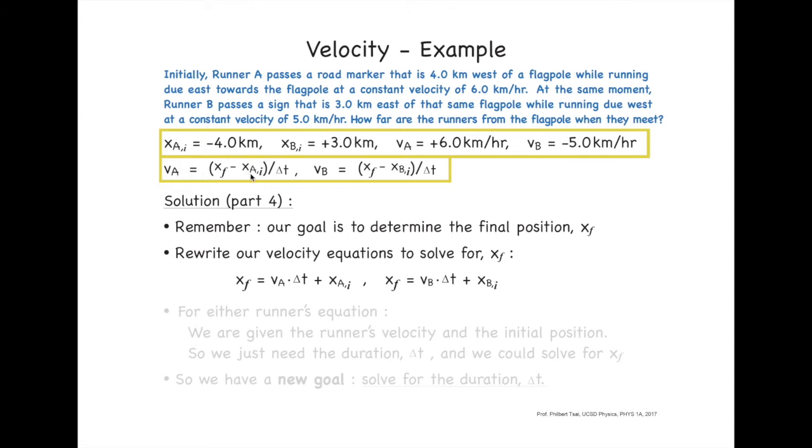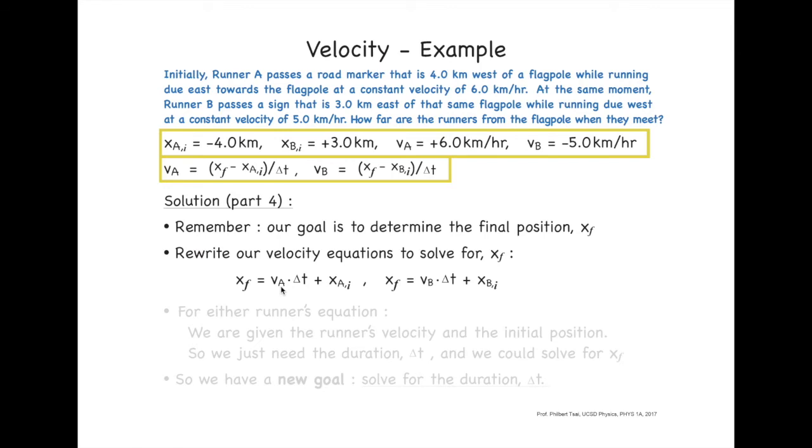Okay, so let's see how we do that. Well, first thing is we can't just bring this over because it's inside of parentheses. So what we're going to do is multiply both sides by delta t, so vA delta t becomes just xf minus xAi.